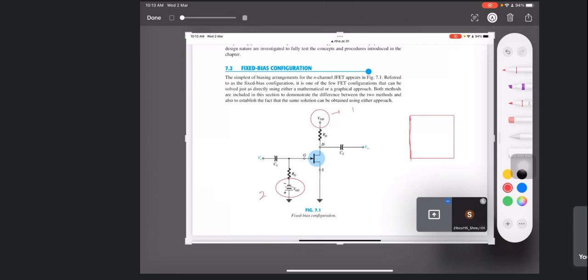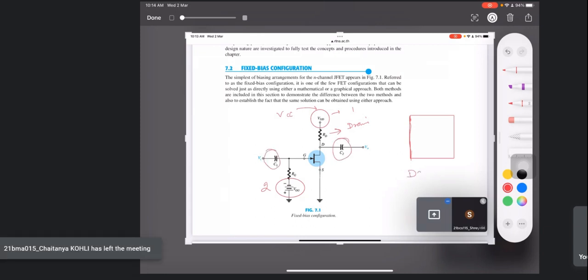RD is the drain resistor. Instead of VCC, here it is VDD now. We have capacitors as usual, and for DC, C1 and C2 become open circuit.